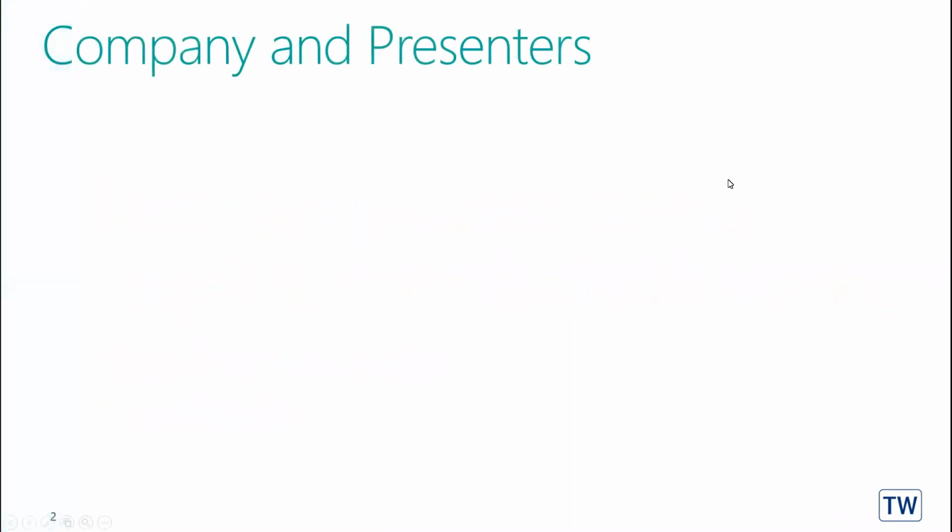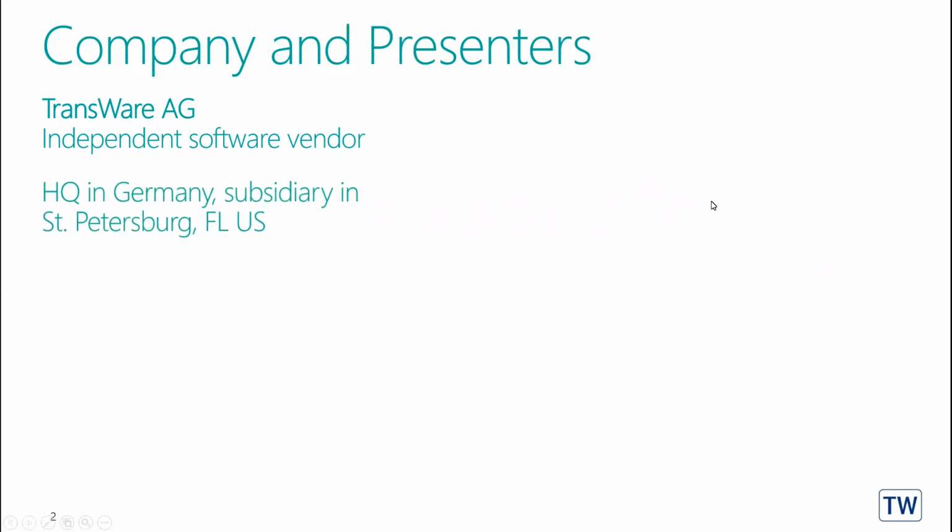So first to start with a short introduction of the company and presenters. The company is named TransWare AG. TransWare is an independent software vendor. The headquarters is in Germany and a subsidiary in St. Petersburg, Florida, US.